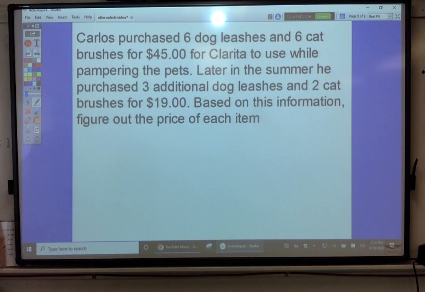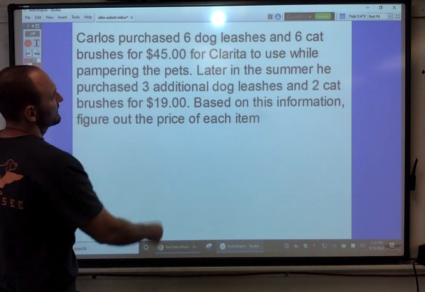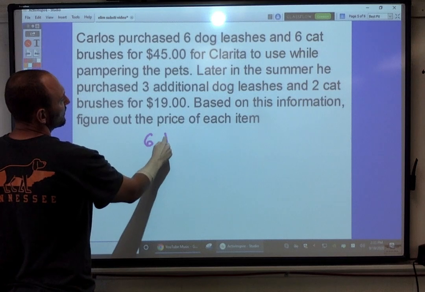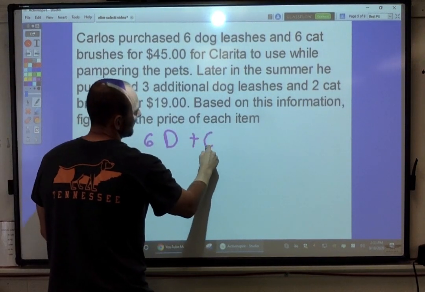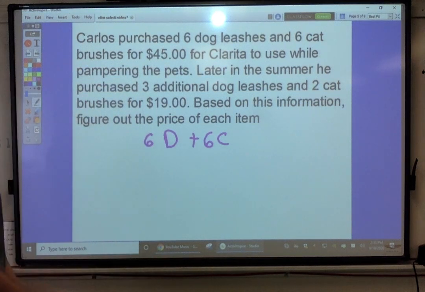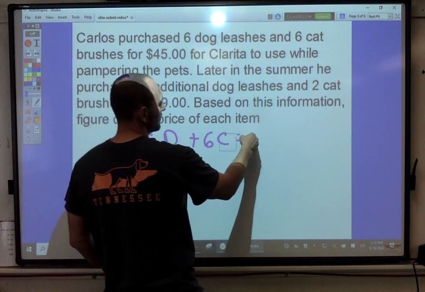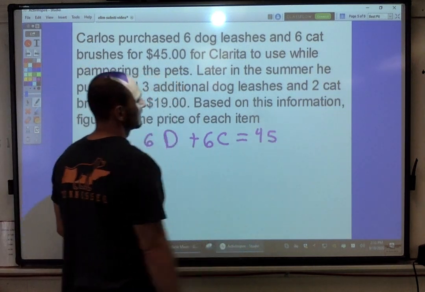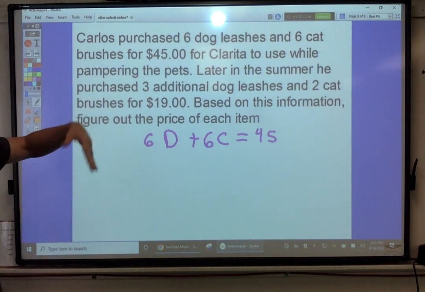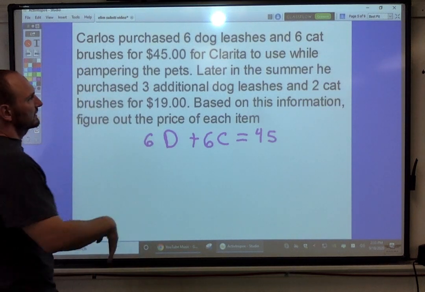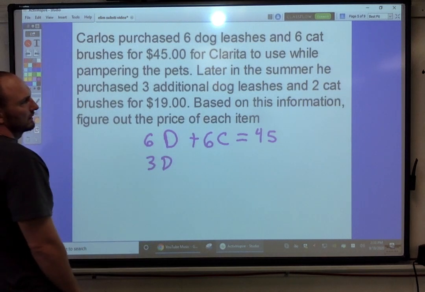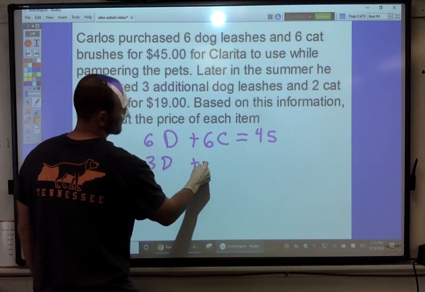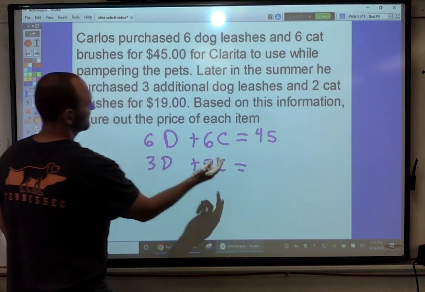So, we have 6 dog leashes, 6 dog, and 6 cat brushes, 6 cat, for $45. That's what he bought. So that's one purchase. Then, later in the summer, if everything's still the same price, he bought an additional 3 dog leashes and 2 cat brushes for $19.